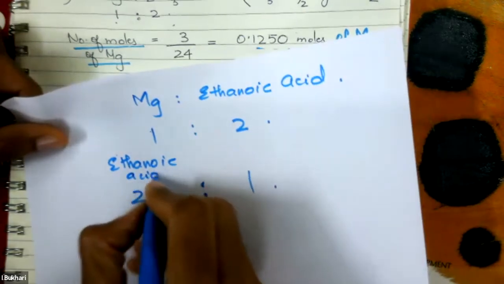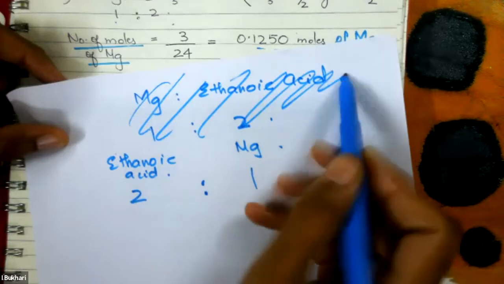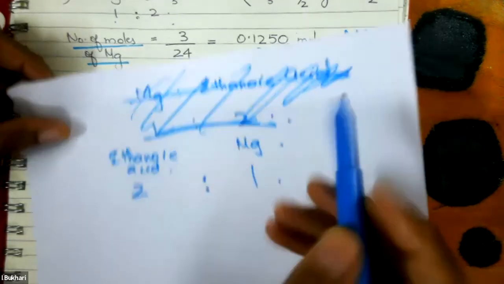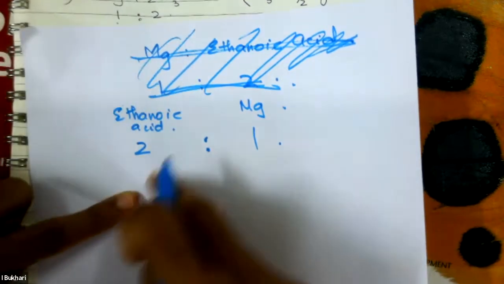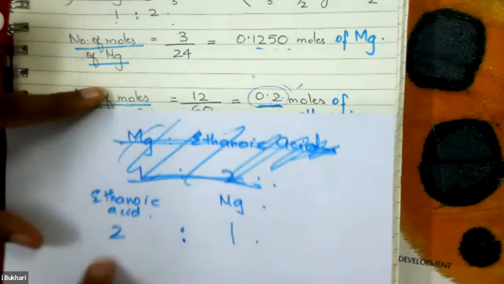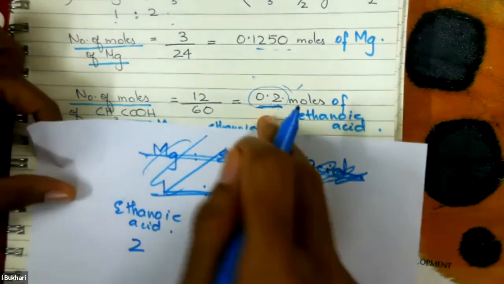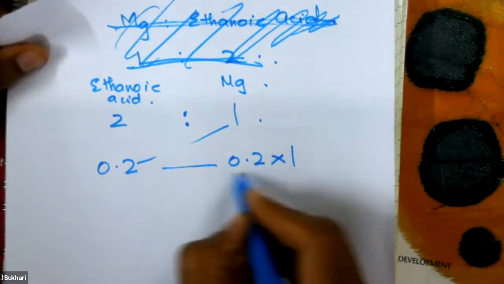The thing that you want to find out should be written on the right hand side. So now I am using ethanoic acid, and I have to find magnesium, so I will write magnesium on the right hand side. Ethanoic acid is 0.2. According to the ratio, I should get 0.2 multiplied by 1.